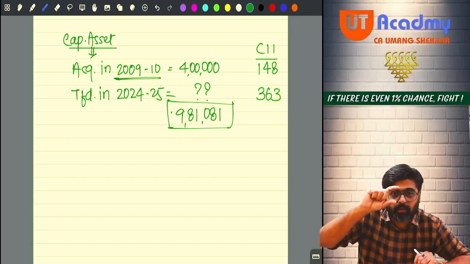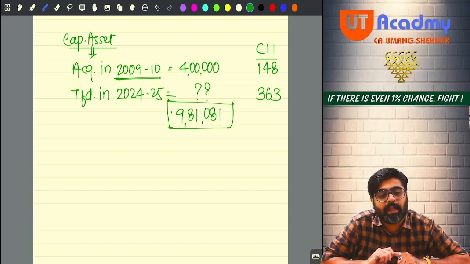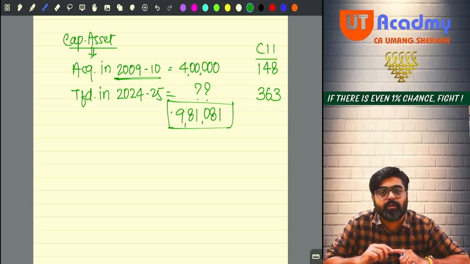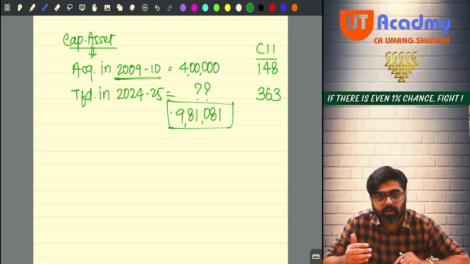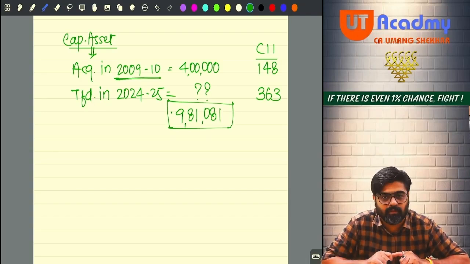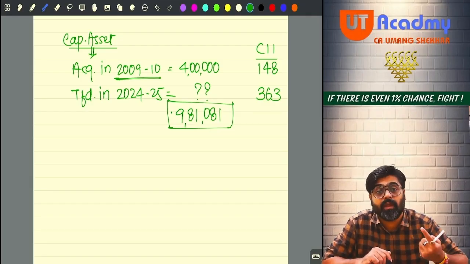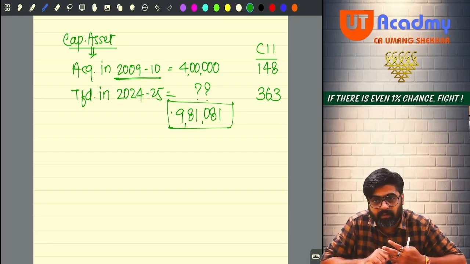Hence, the period of holding is 12, 24 and 36 months for different types of assets. Getting my point? Whenever you acquire certain assets and hold them for 12 months, inflation starts showing its effect on those assets after 12 months. Within 12 months it is okay, but after 12 months inflation starts showing effect. For unlisted shares and immovable property, after 24 months, the inflation starts showing its effect.